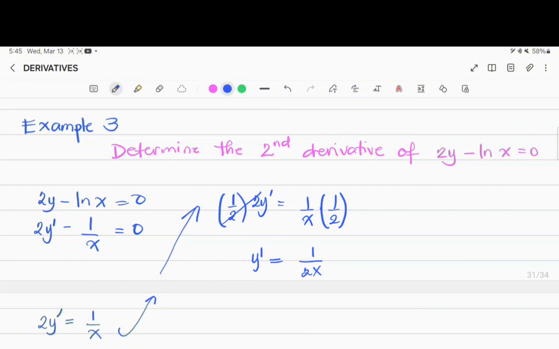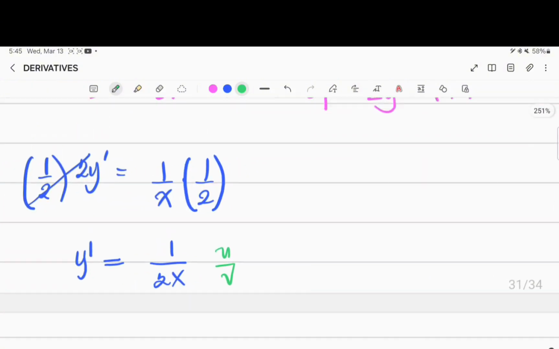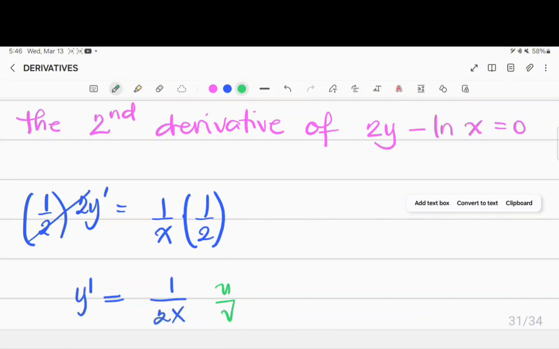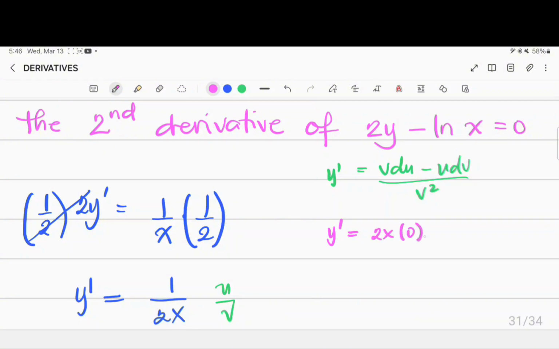In order to take the second derivative, we have to use the derivative of a quotient. So we have to set our u and v and use the formula y prime is equal to v du minus u dv over v squared. So as we do this, it will become y prime equal to v is 2x, derivative of 1 is 0, minus u is 1, derivative of v is 2, over 2x squared.